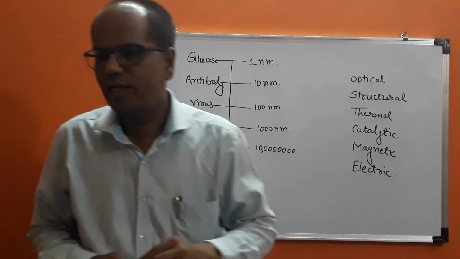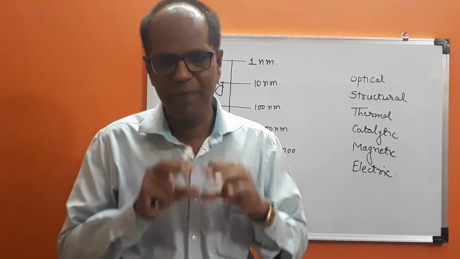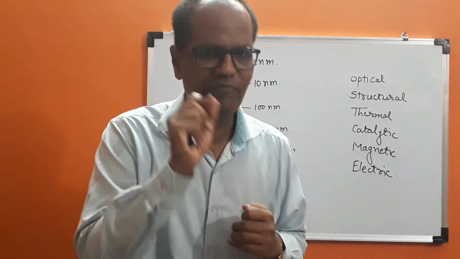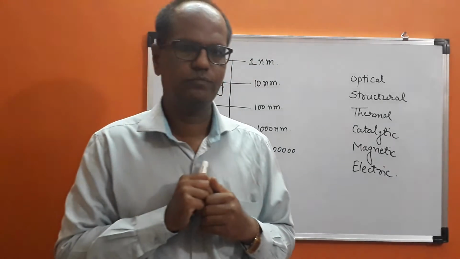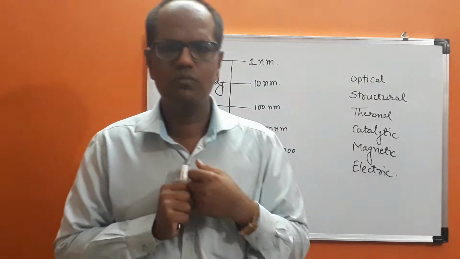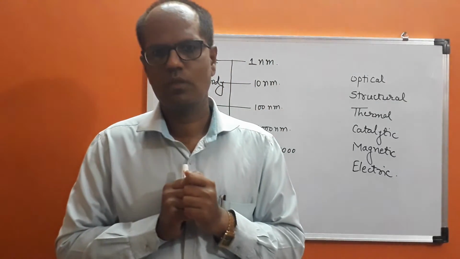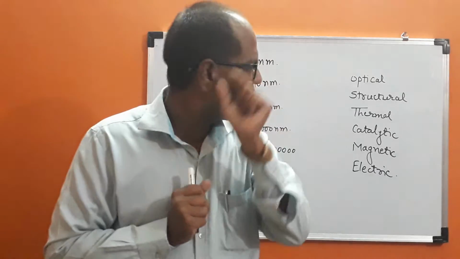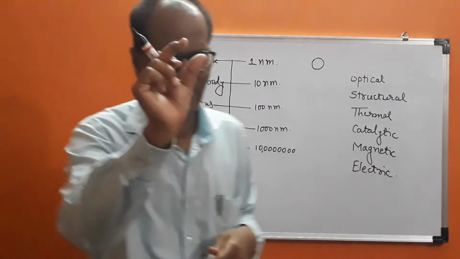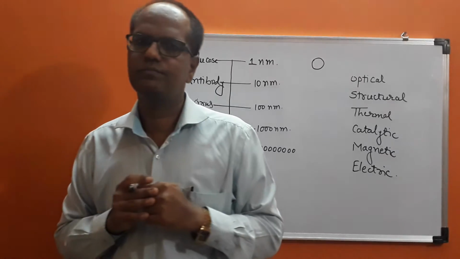Now, whatever molecules we prepare in bulk in the laboratory, they have some definite physical properties. For example, consider any chemical substance, any compound, any material. For example, consider sand. If the sand particle is extremely large, you can visualize it. It has certain physical properties.